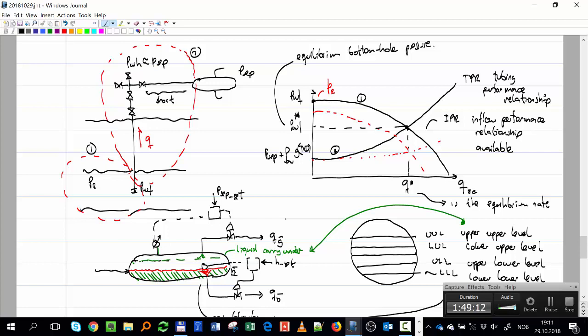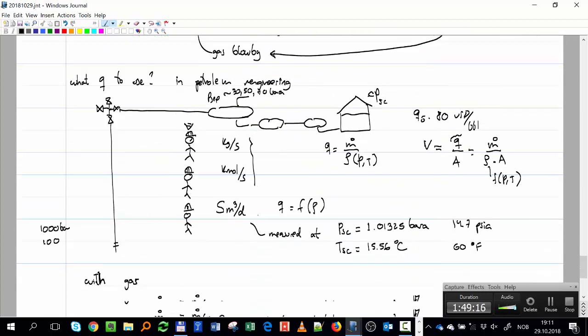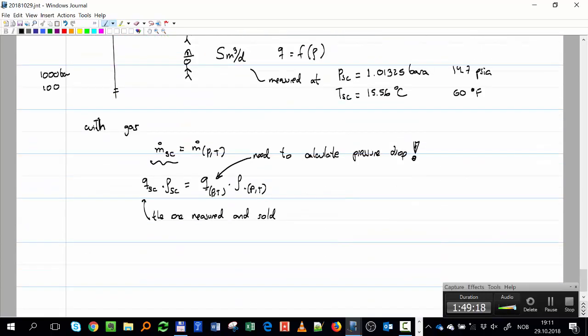Okay, so I do it in Q standard condition. So a way to relate those two is by using this expression, right? I'm just saying the Q at any point, pressure and temperature, will be Q at standard conditions times the density at standard conditions, over the density at P and T.